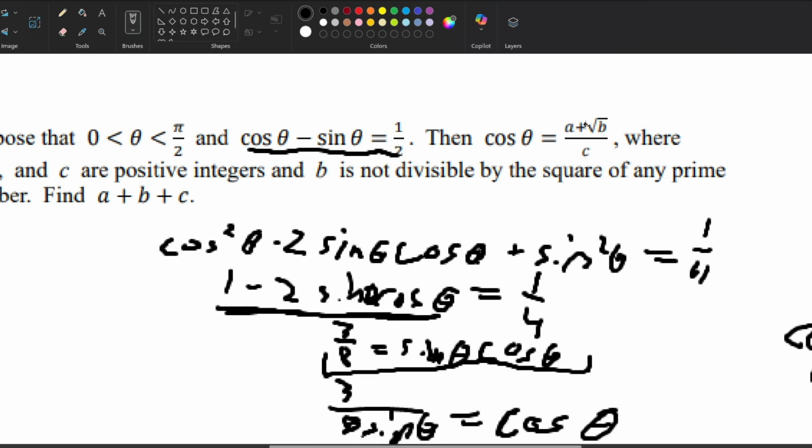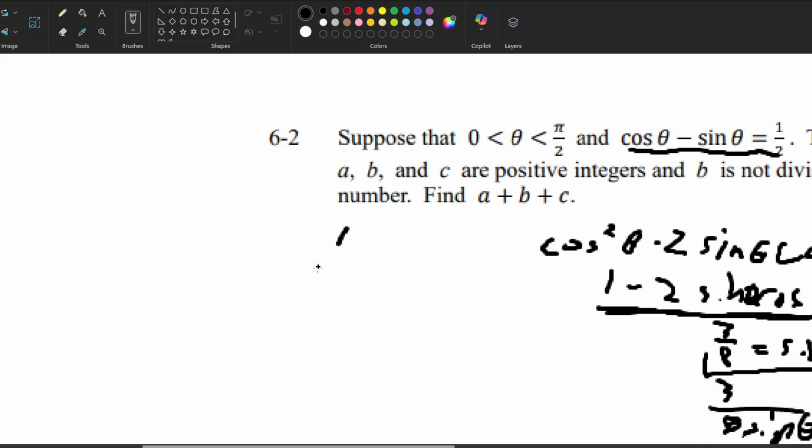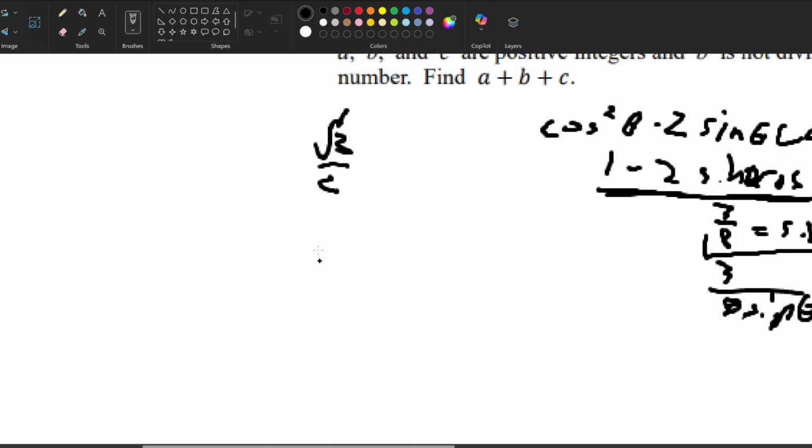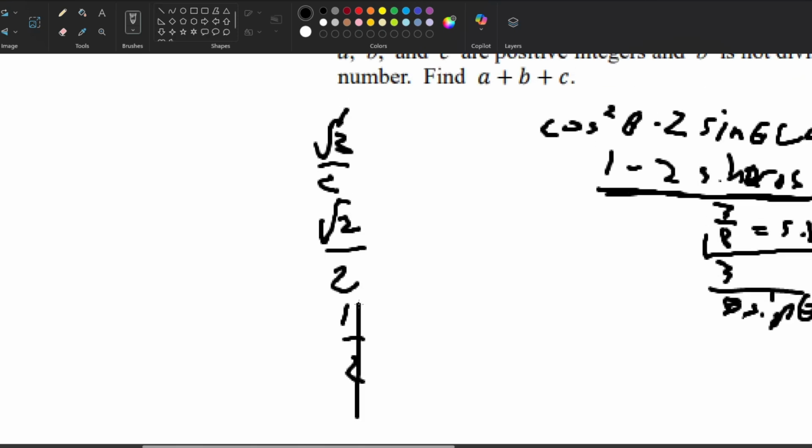Cosine of theta equals a plus square root b over c. So this is complex. Cosine is normally equal to like, what is it equal to? It's equal to 1, root 3 over 2, root 2 over 2, 1 over 2, 0.